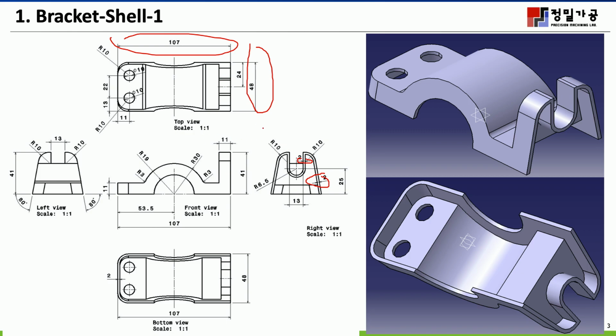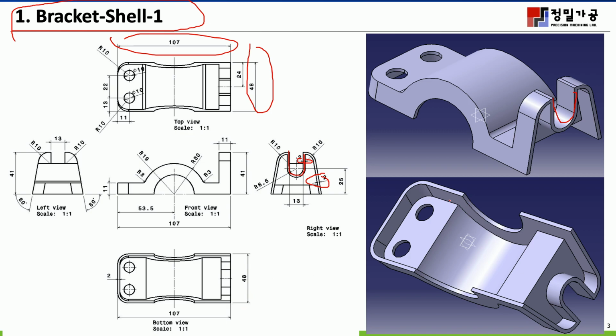This one has something like a pocket here, shaped like this. So it's very easy for you. That's bracket shell 1.